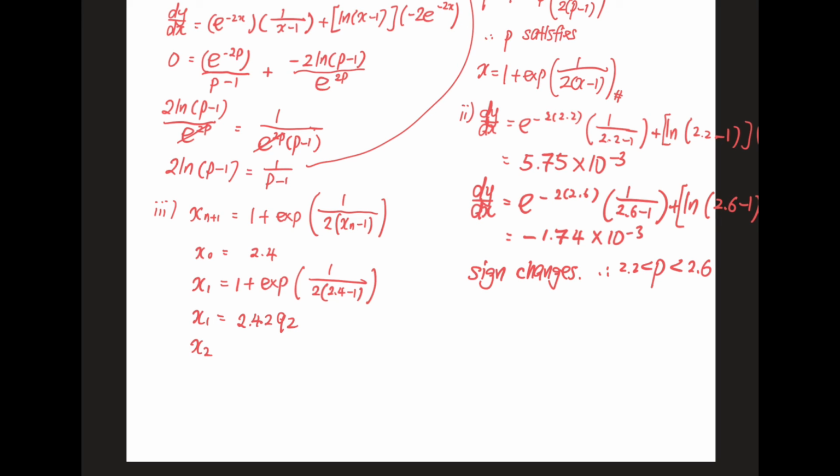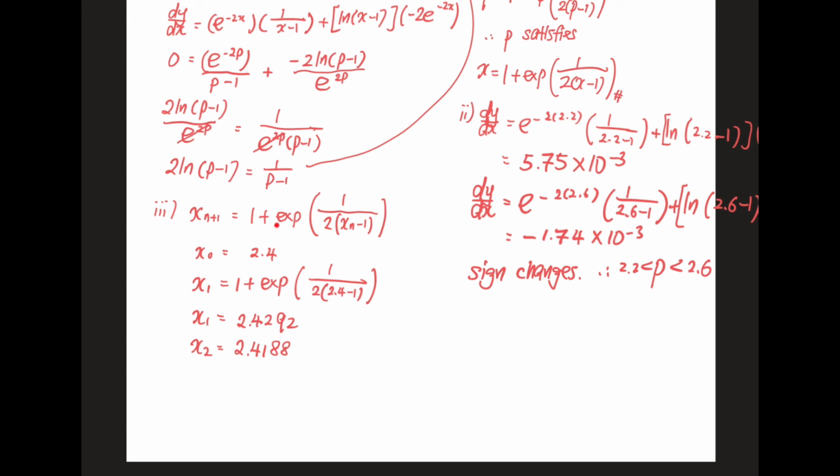Now from x2 onwards, I'm not going to substitute into the formula anymore. I just calculate and write down the value straight away. So 2.4188.